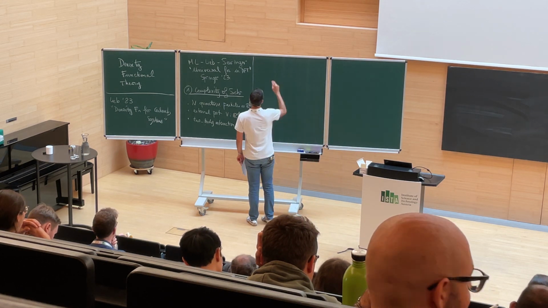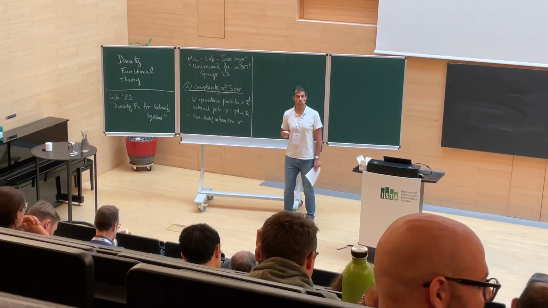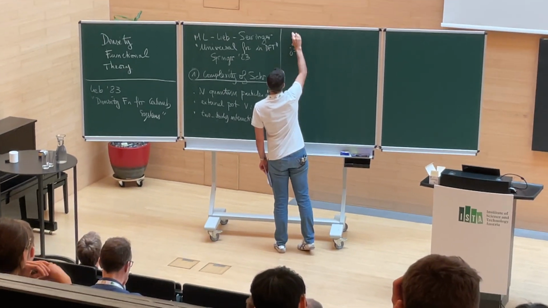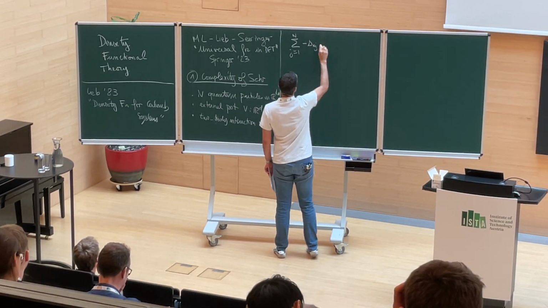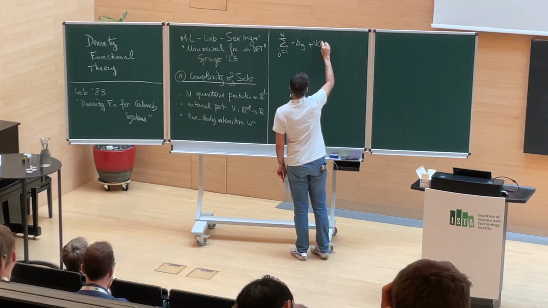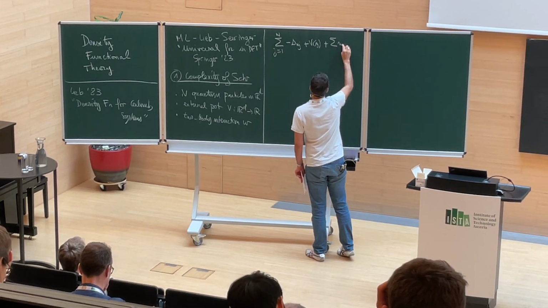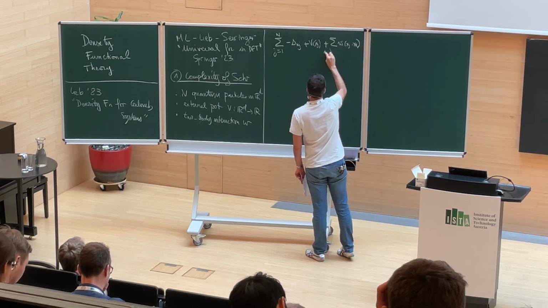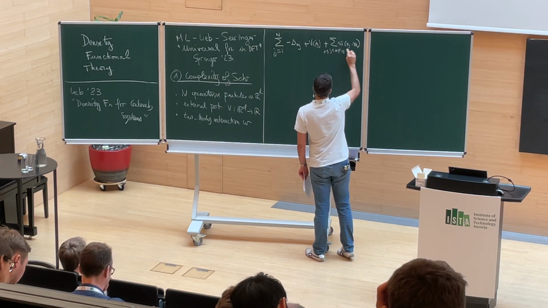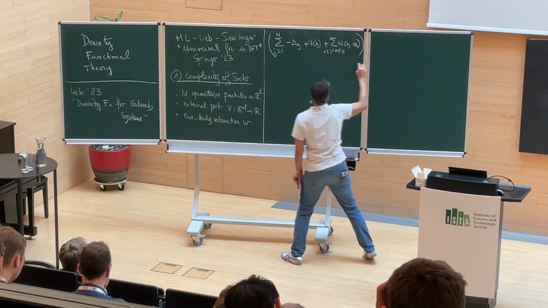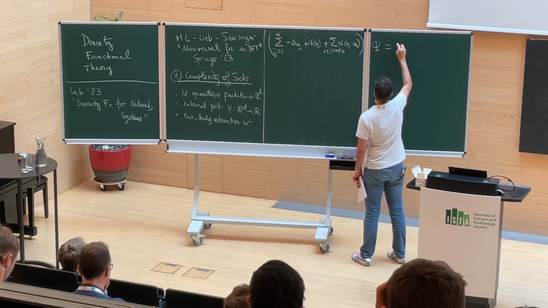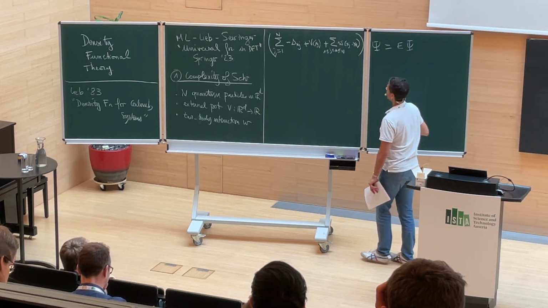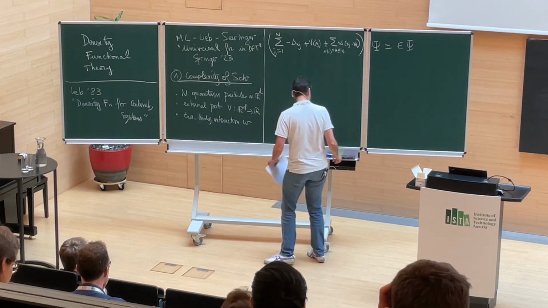And so the equation you have to solve is the following N-body Schrödinger equation, which is the sum over j equal 1 to N of minus Laplacian in x_j plus V of x_j, plus the sum over j<k of W of x_j minus x_k, everything applied to psi is, say, E psi.